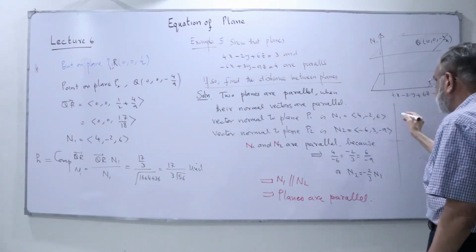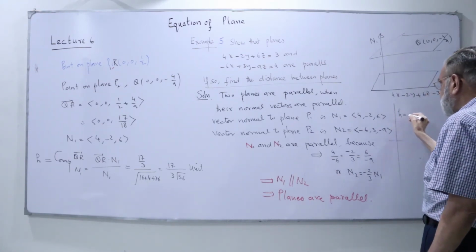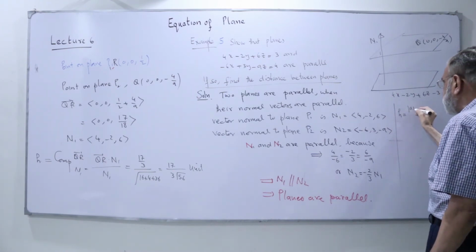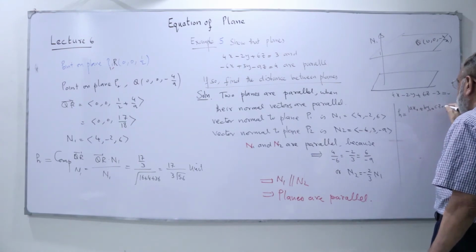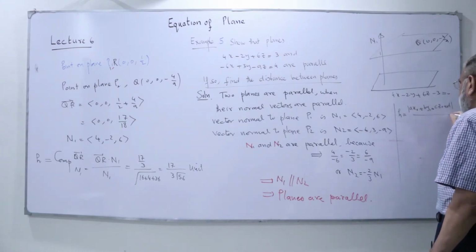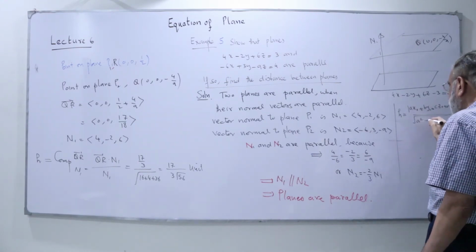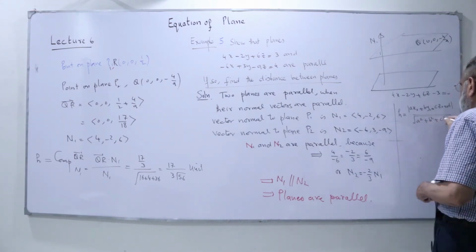Now I will use the same formula as I did in the last example. My h is equal to ax0 plus by0 plus cz0 plus d, over the square root of a square plus b square plus c square.